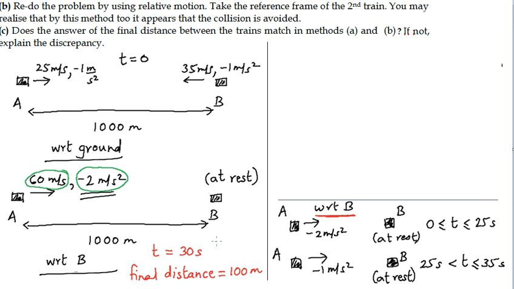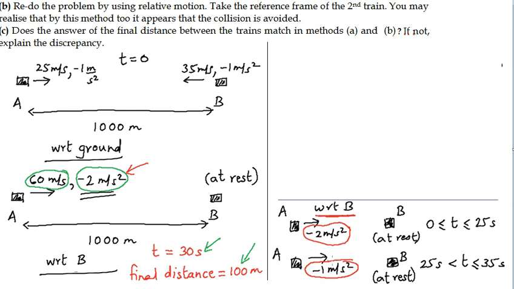And so naturally we cannot expect these two answers which we obtained under wrong assumptions to be correct. In fact, A's acceleration in the reference frame of B does not continuously remain at minus 2 meters per second square, but it is minus 2 for the first 25 seconds of the process, and thereafter it is minus 1 meter per second square.